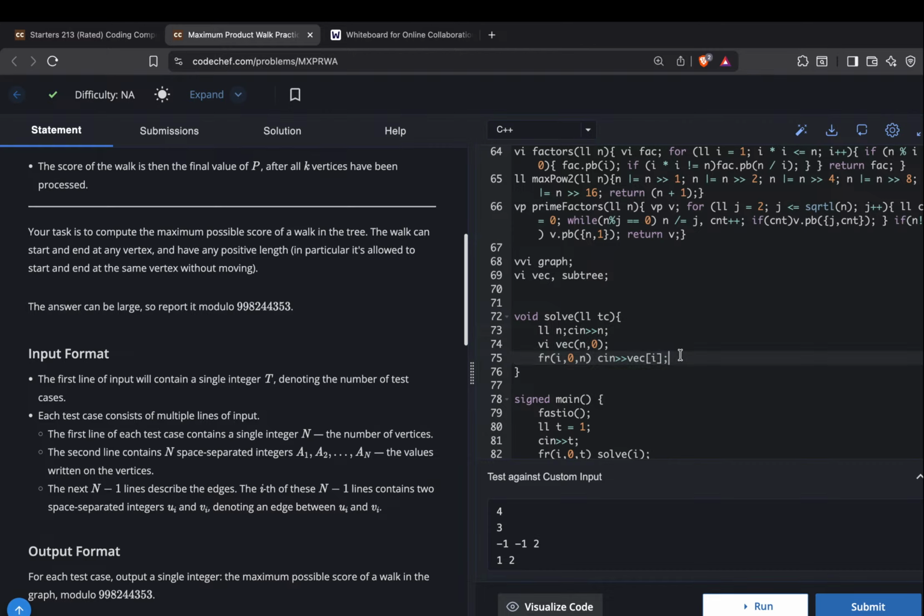Now input the values. This assign variable changes the size and assigns the value to all the indices. Now assign the subtree sum as 0 initially for each node.